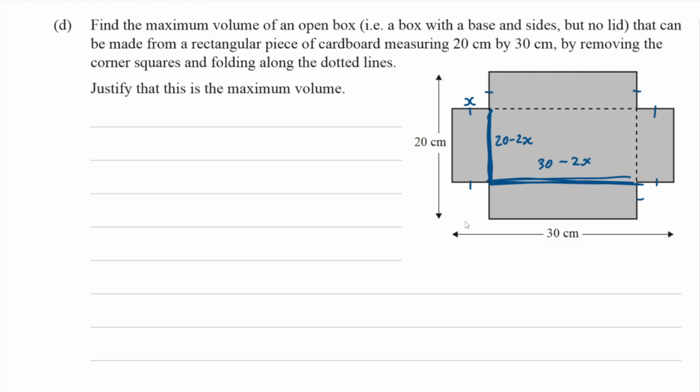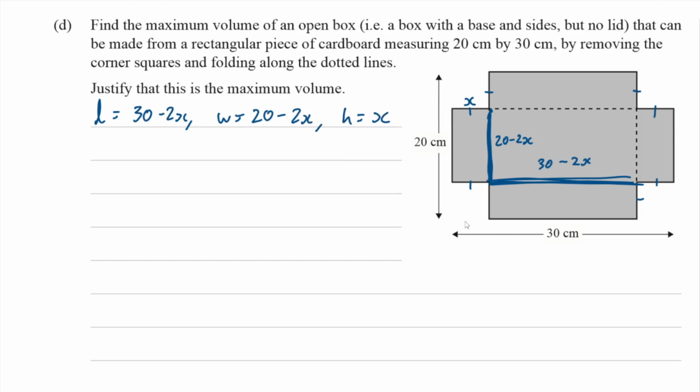So what would the height of the box be? When you fold it all up, the height would be x. Right, so we have length, 30 minus 2x, width, 20 minus 2x, and height, x.